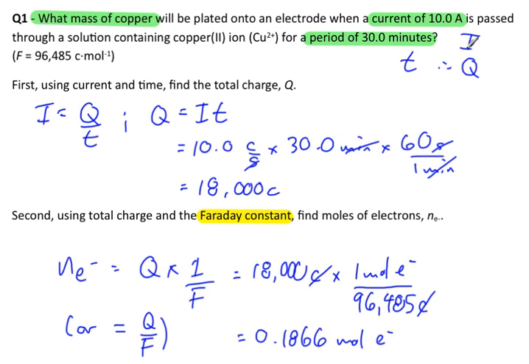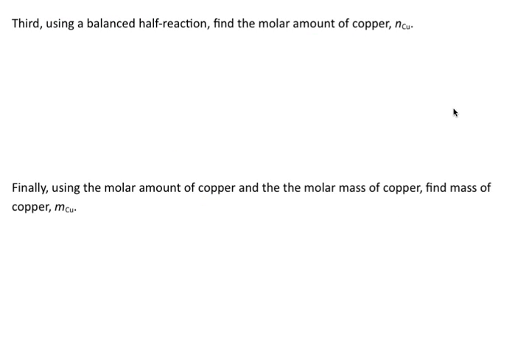Notice I'm carrying 1 extra sig fig. I have a 3 and 3, I have 1 extra on. Alright, so currently we have moles of electrons. So I'm just going to hang on to that number. I'm going to put that over there for my reference.